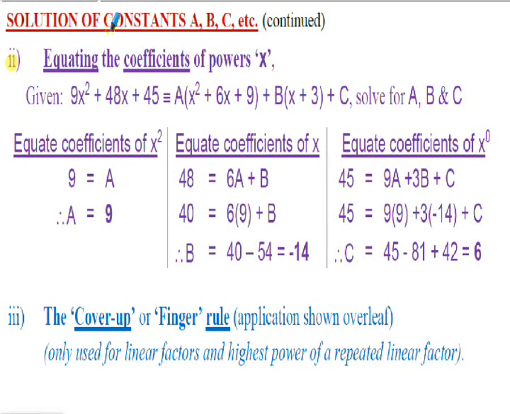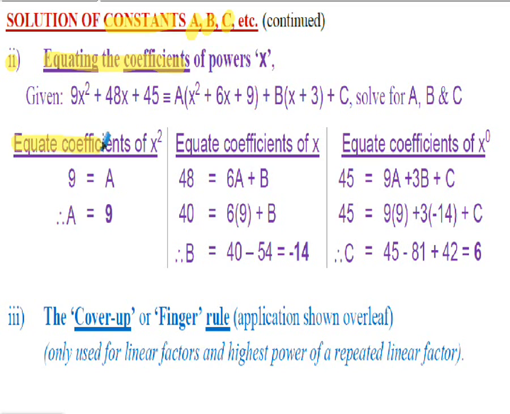A second approach for solving for the constants, the A, B and C in the equations, is the equating coefficients method. If, for example, we were given 9x squared plus 48x plus 45 is equal to A multiplied by (x squared plus 6x plus 9) plus B multiplied by (x plus 3) plus C, and we're asked to solve for A, B and C, we could equate the coefficients of the x squared, the x and the constants.